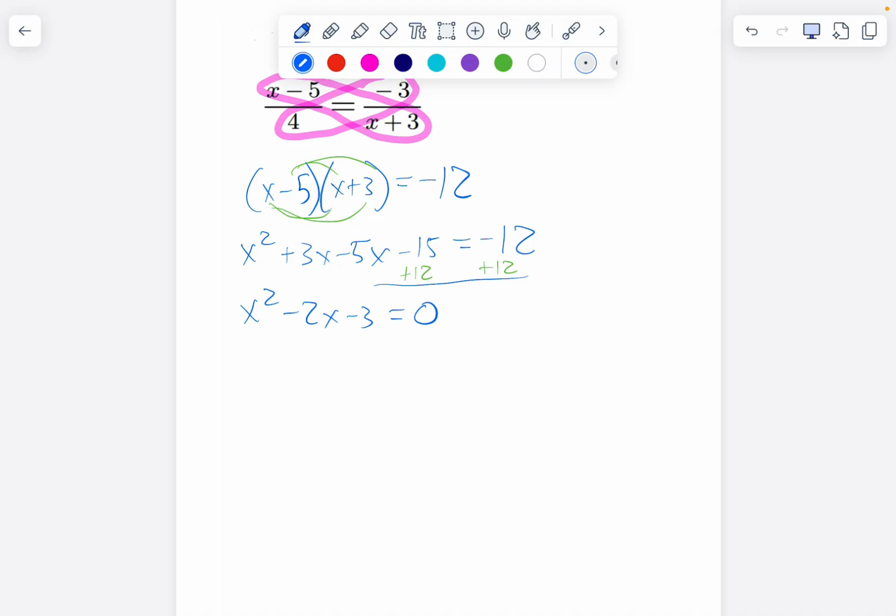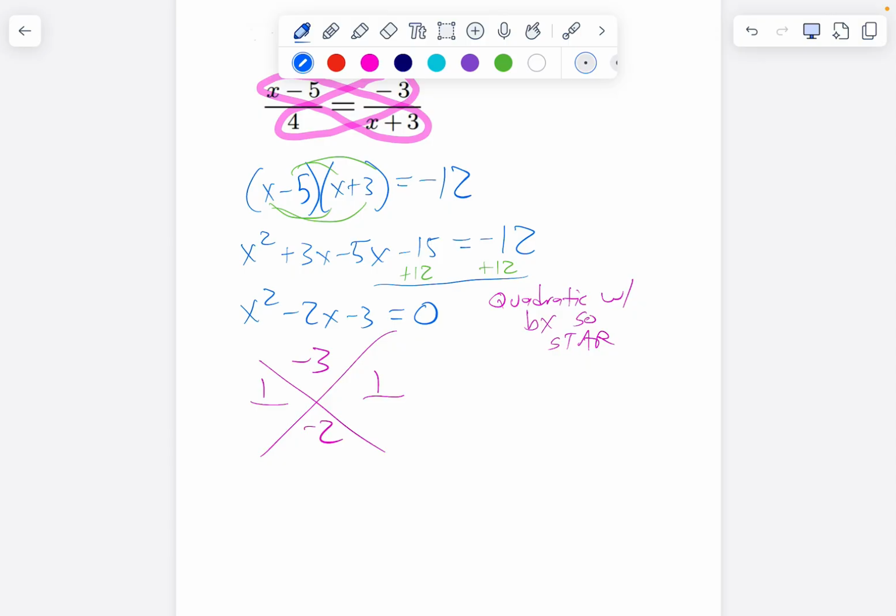That is a quadratic with a bx, so we'll try star. All right, do we have any factors of negative 3 that add up to negative 2?